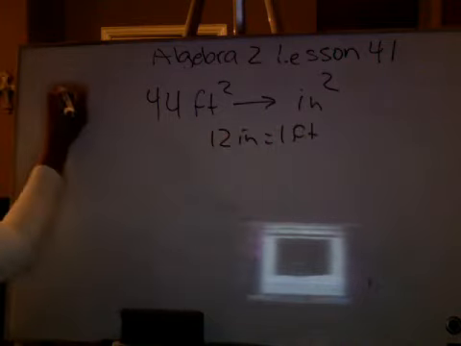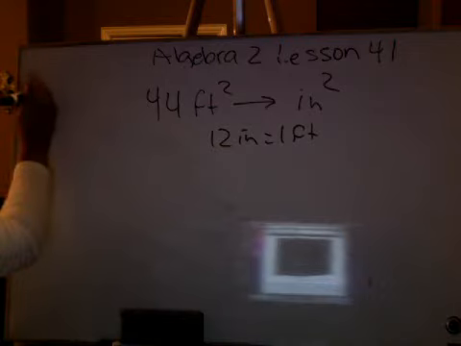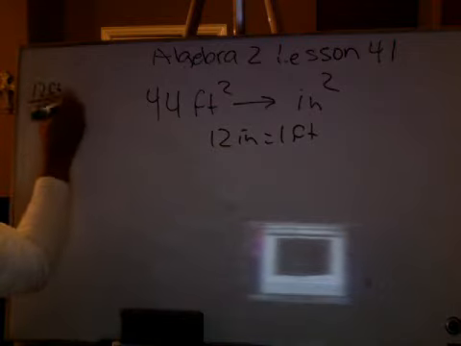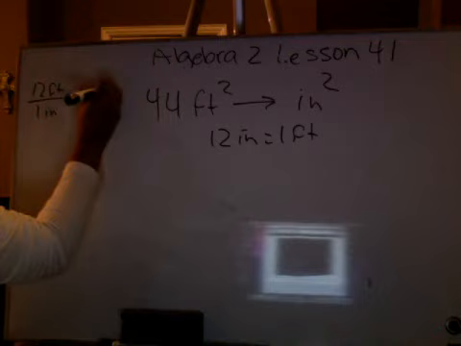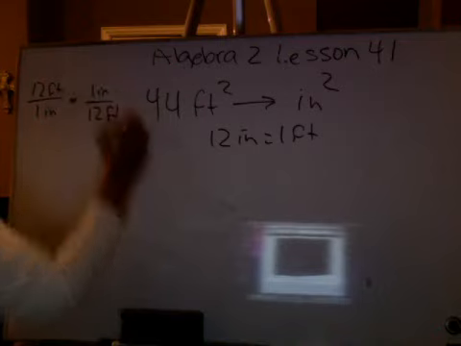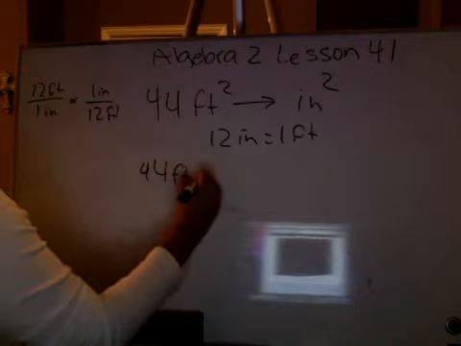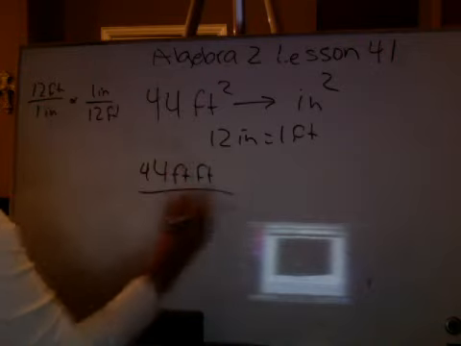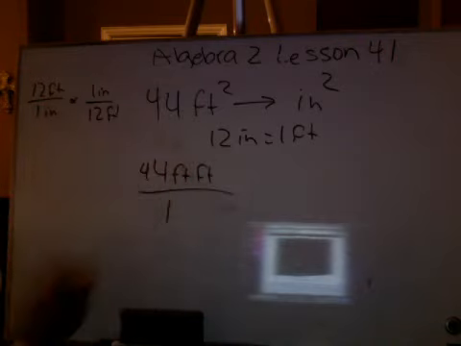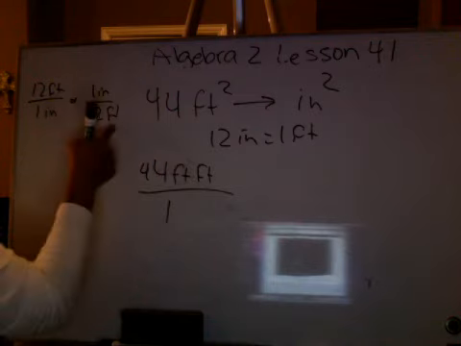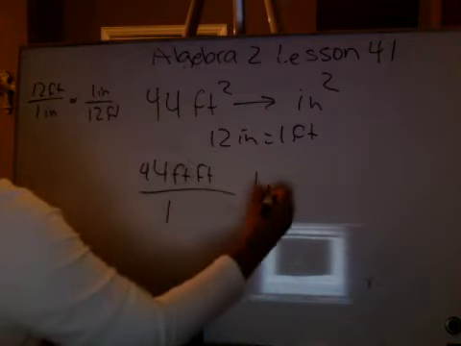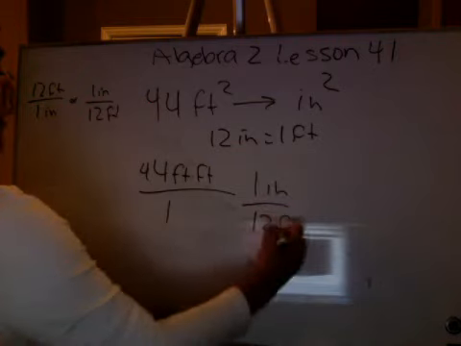So again, my unit multiplier is either going to be 12 feet over 1 inch or 1 inch over 12 feet. So I'm going to write what I have. And isn't this the same thing as feet times feet? Because it's feet squared. So I want feet in the denominator, so that's this one, times 1 inch over 12 feet.